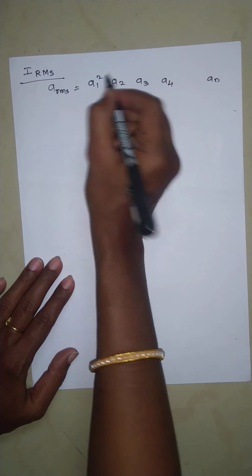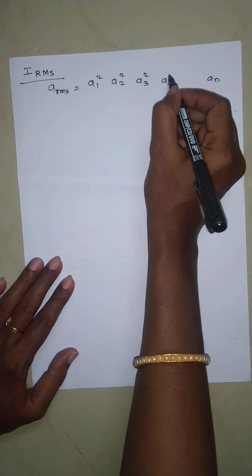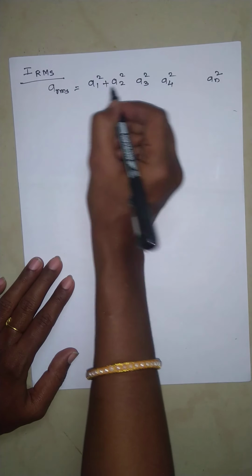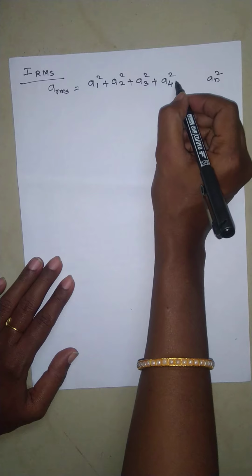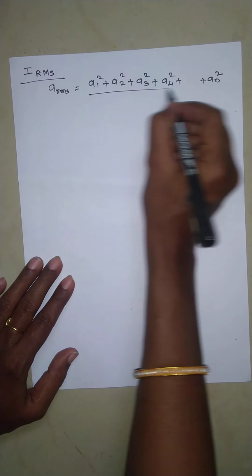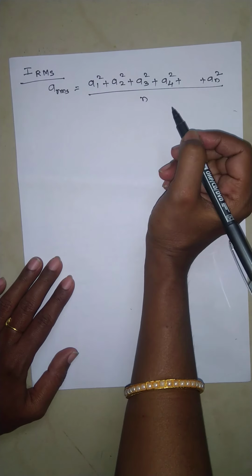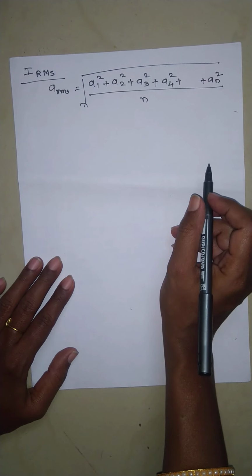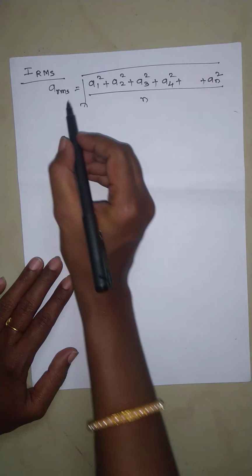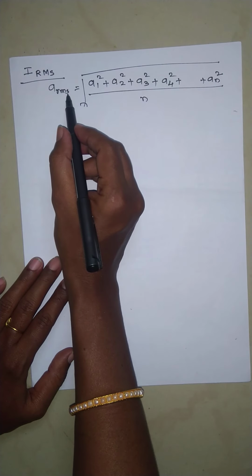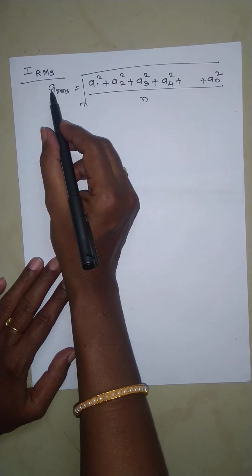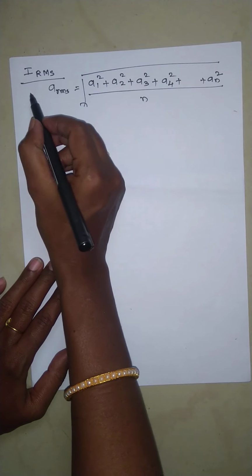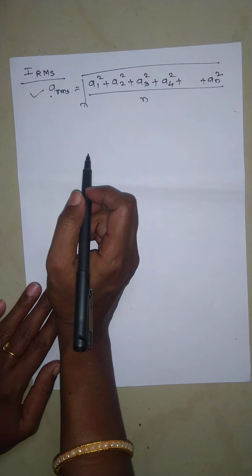First square the individual values, then take the average of the squares, and then take the square root. What we obtain is the root mean square of that particular quantity. In this way we can define the RMS value.